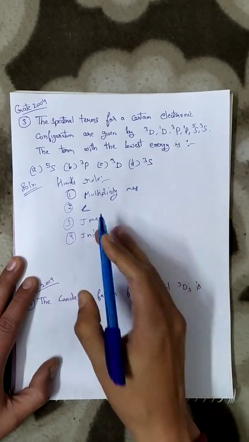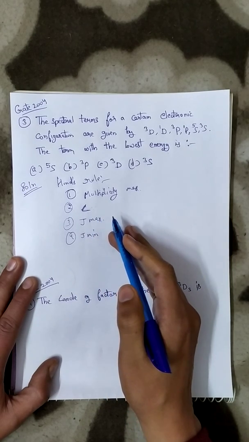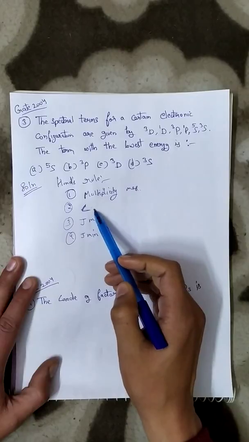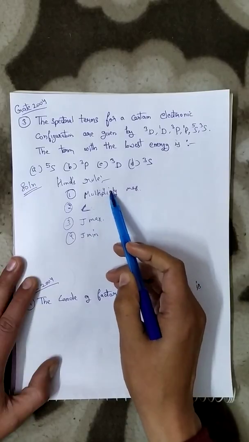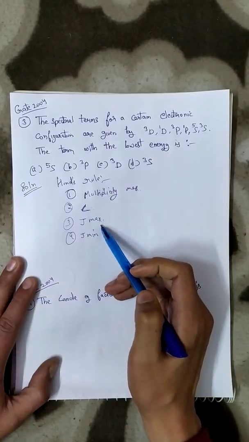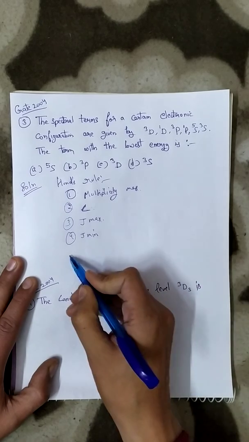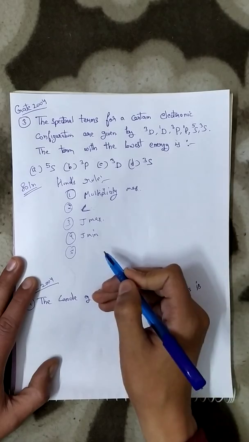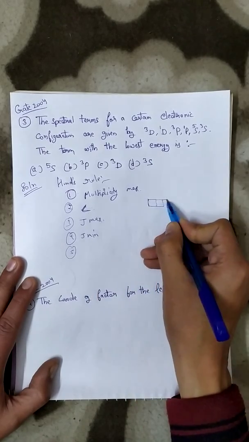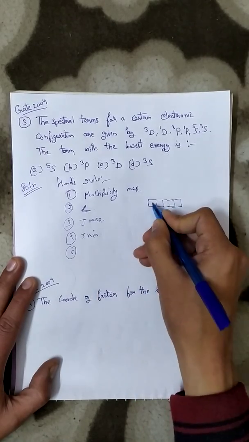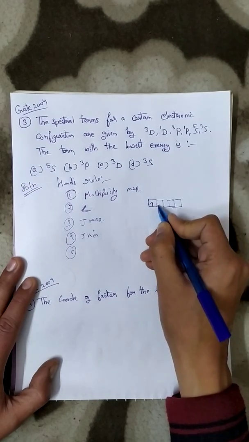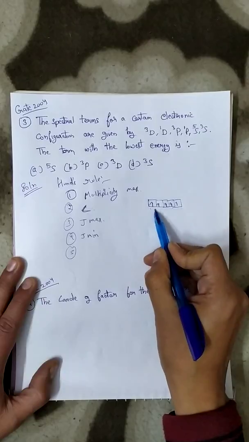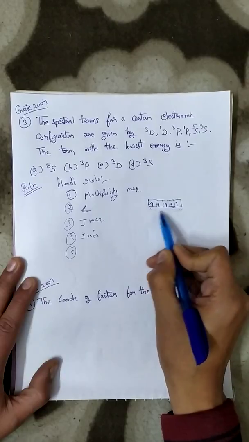Okay. Now if there is any case for which the multiplicity and the L value both are same, and the subshell is filled exactly half, for example, if there is a D subshell and there are 5 electrons, 1, 2, 3, 4 and 5, it's exactly half. It's not more than half, it's not less than half filled subshell, it's exactly half.